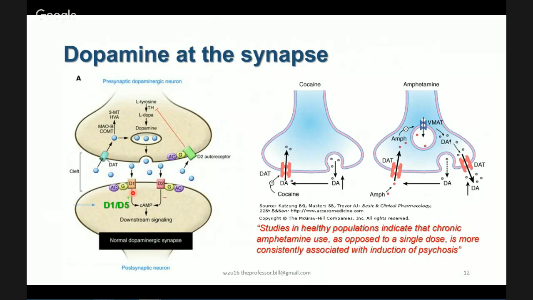If, for example, this postsynaptic neuron has the D1 family of dopamine receptors, and that includes D1 or D5, when dopamine binds to either D1 or D5, they will turn on the G protein coupling system that leads to an increase in cyclic AMP. And when it does that, it turns on the cell. That cell becomes activated, other ion channels become activated, and it depolarizes.